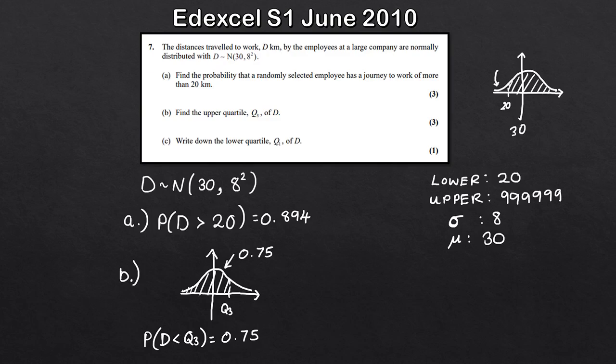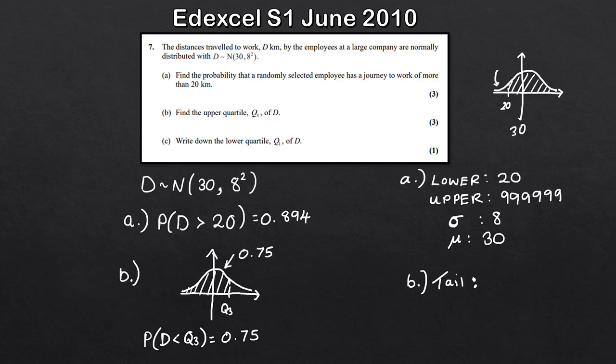To work this out, I have to choose the tail first. So this is for B, this was for A. The first thing I've got to input is the tail. The way to choose whether it's left or right or center is to look at our inequality.